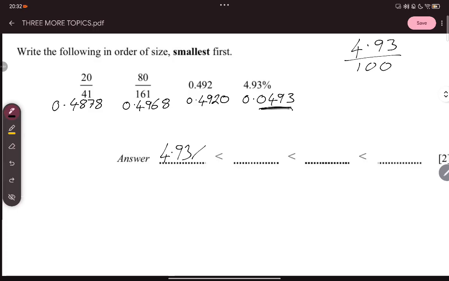So remembering to write it in the original form. What's next then? 4,800 and something, isn't it? So 20 over 41, putting them in order of size, starting with the smallest. 4,920 would be the 0.492. And then 4,968 would be the last one, the 80 over 161.